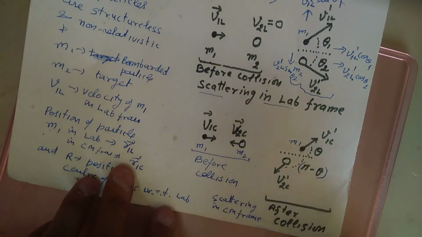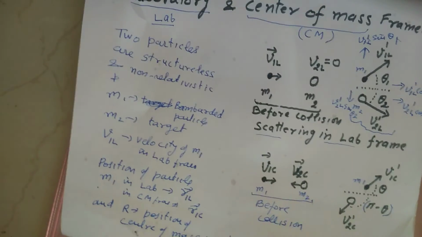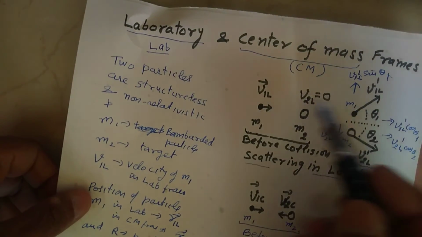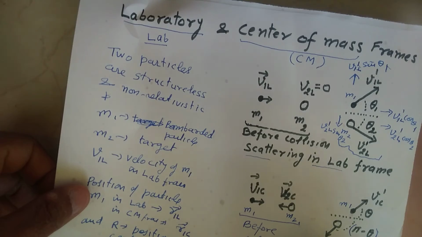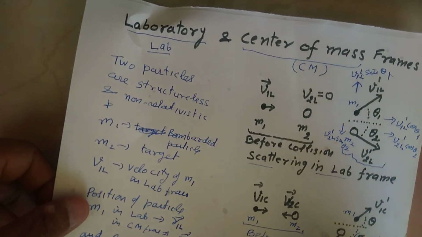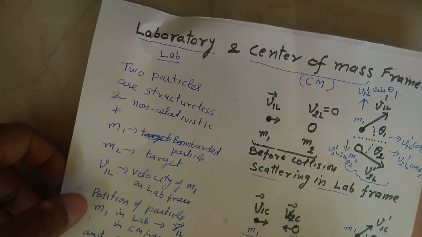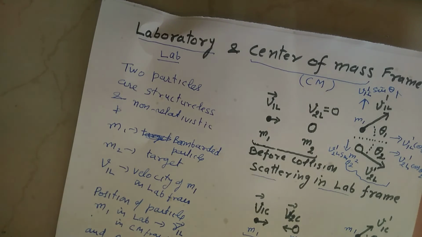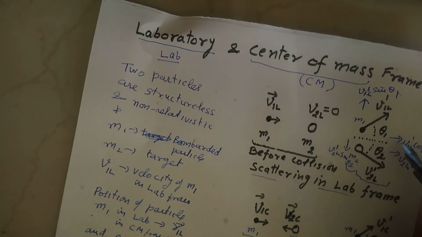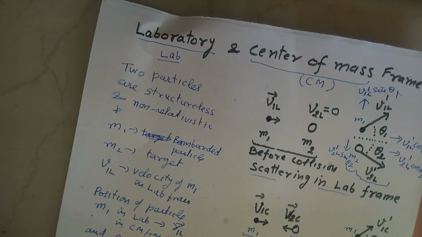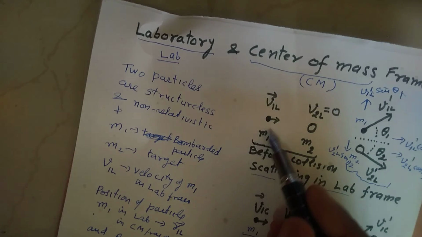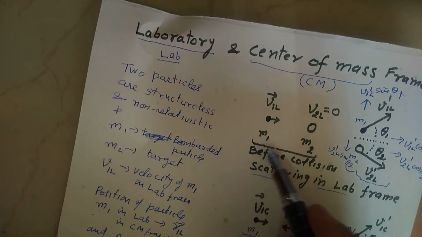So we will use these geometrical representations in the next video, when we derive the relation, because our objective is basically that we are interested in detecting the M1 particle.